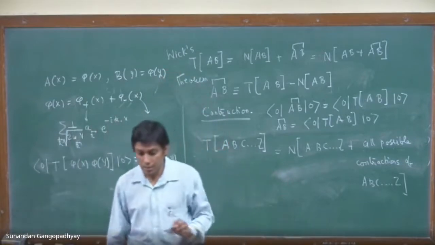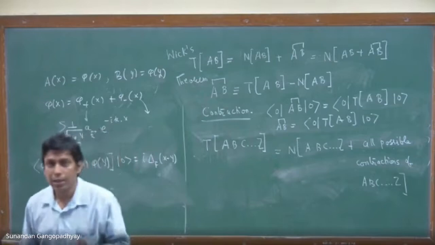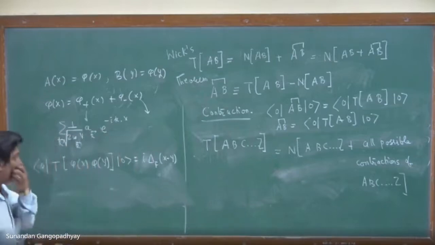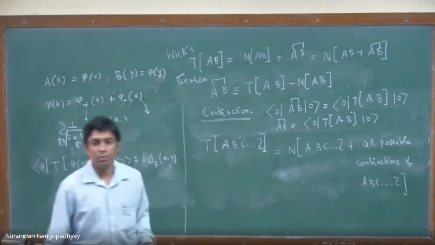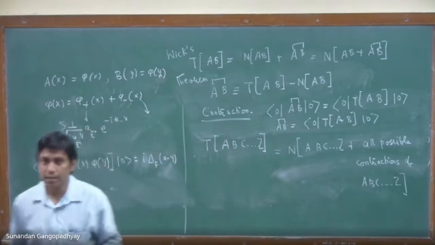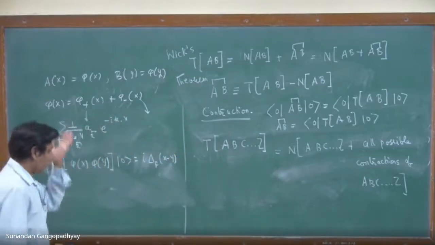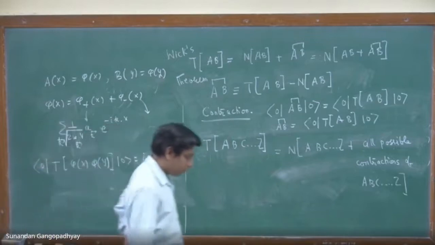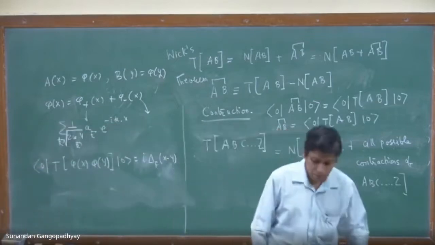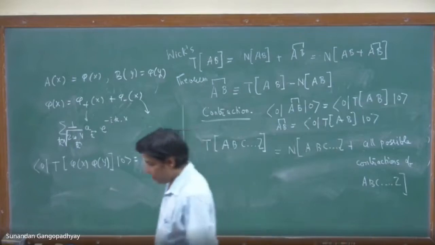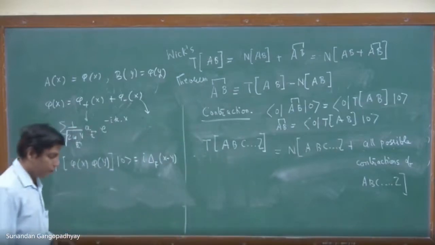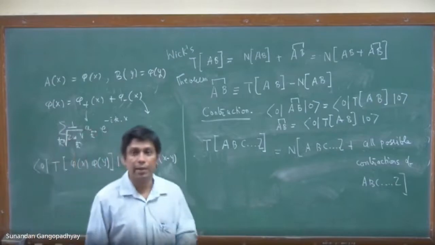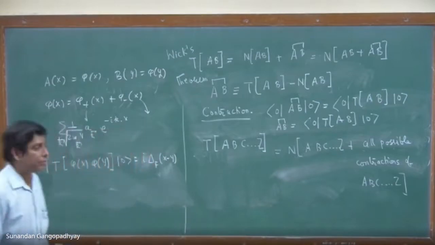It does not work for the fields in the Heisenberg representation, or by Heisenberg representation I mean the fields which evolve via the full interacting Hamiltonian. That is the better way to say. So this works only for free fields, not for interacting fields.